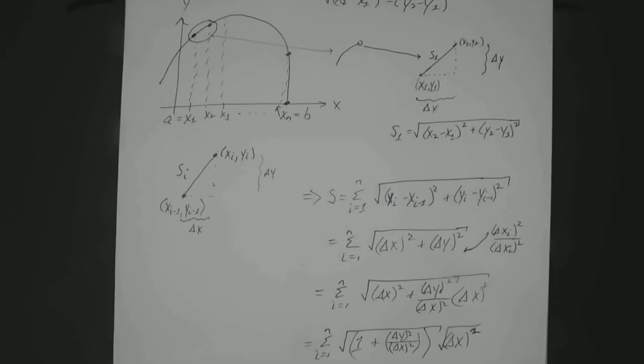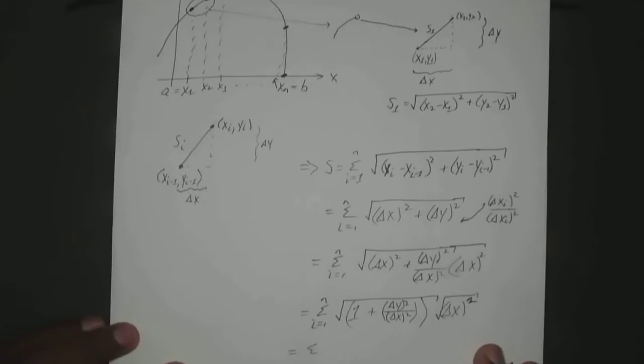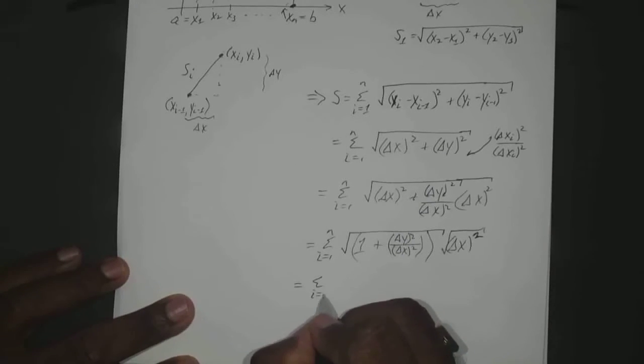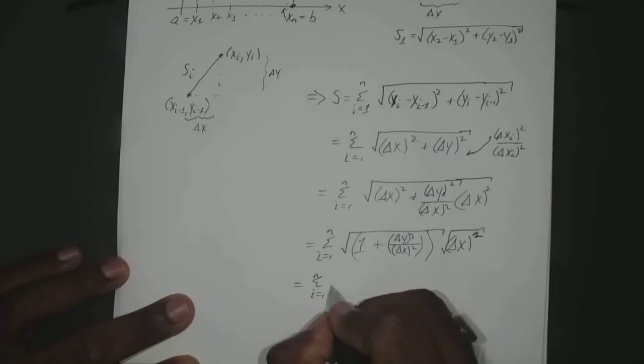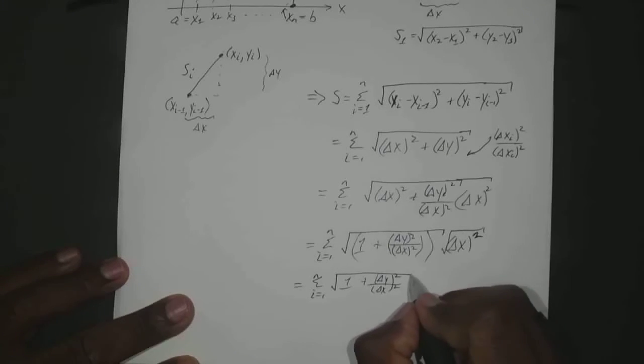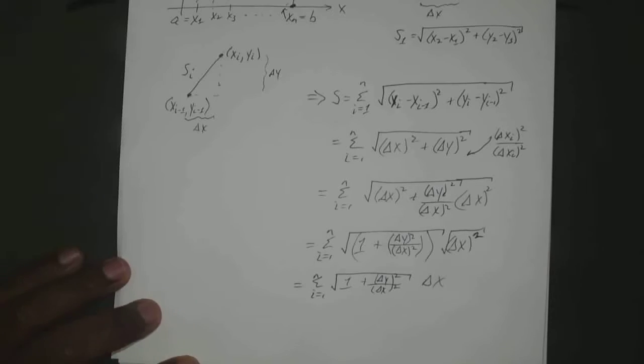Now we know the square and the square root are going to cancel each other out, so that just becomes delta x. So we have the sum from i equals 1 to n square root of 1 plus delta y squared over delta x squared times delta x.